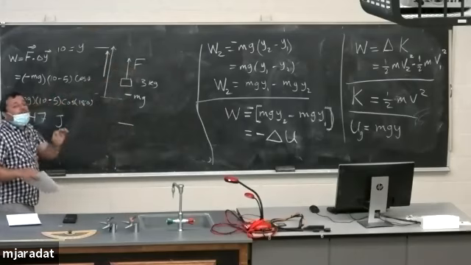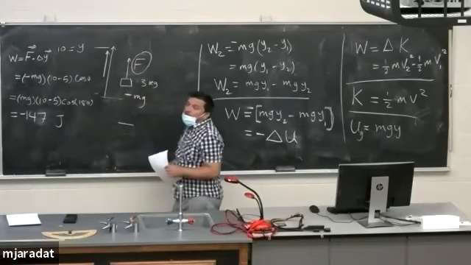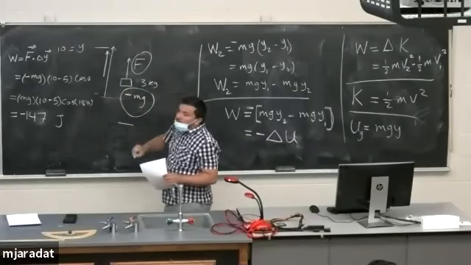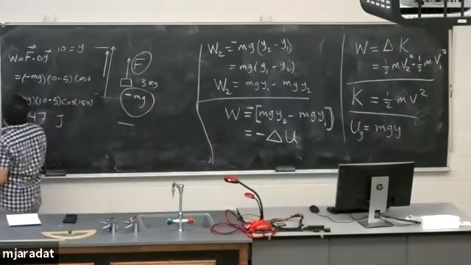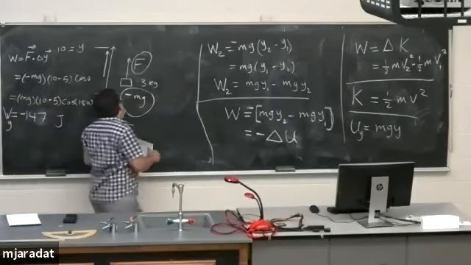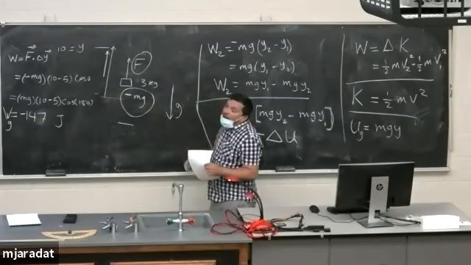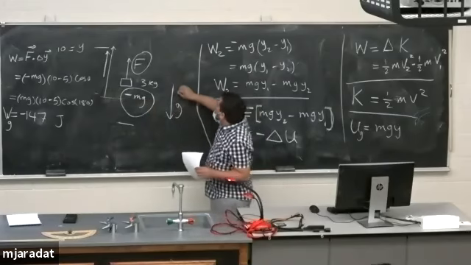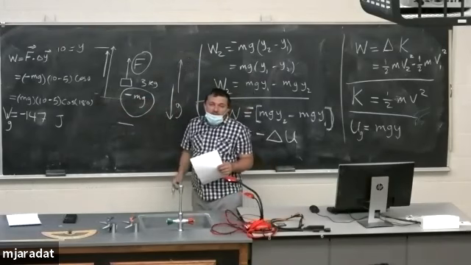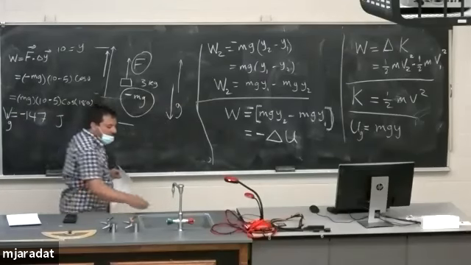Now I'm not asking about my force work. I am asking about the work done by gravity. The work done by gravity, Wg, is negative. It is in the opposite direction. The gravity is downward, and the motion is in the opposite direction of that force. Because of that, it will be negative. Now, if I need to ask about the change in potential energy.